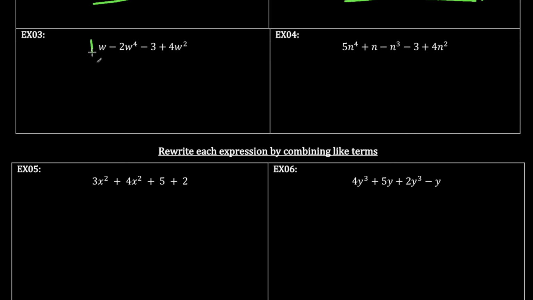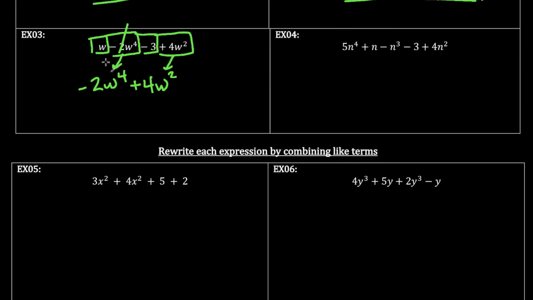So I'm going to box my terms. These are w's, so the largest exponent with w is to the fourth. So negative 2w to the fourth. This is w, this is minus 3, this is w to the second, so this term goes next, plus 4w to the second.